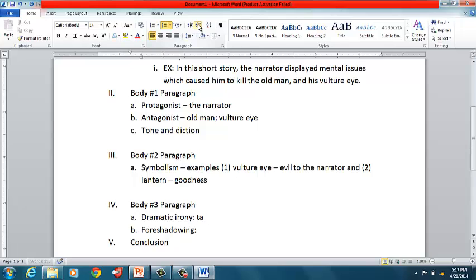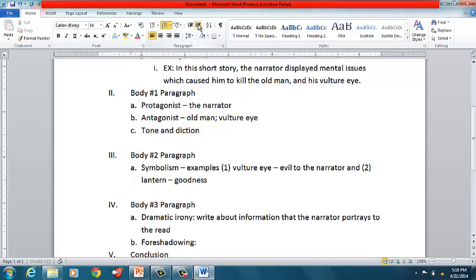So write about information that the narrator portrays to the reader as the old man doesn't get to see. Something that portrays more beyond the characters.